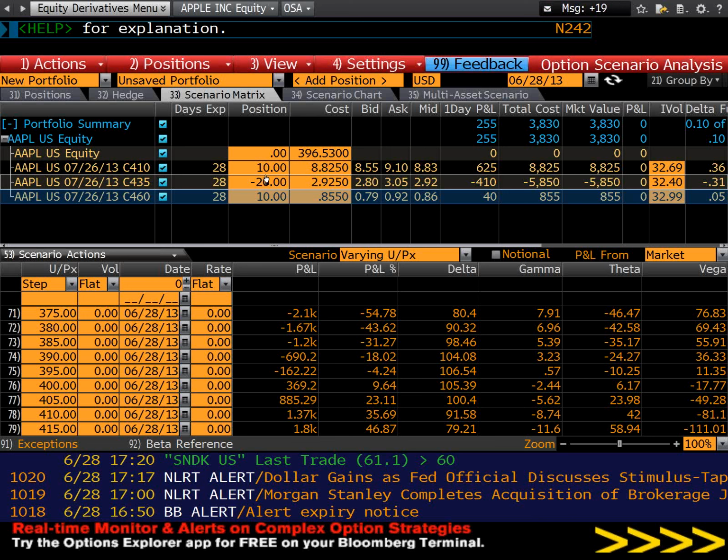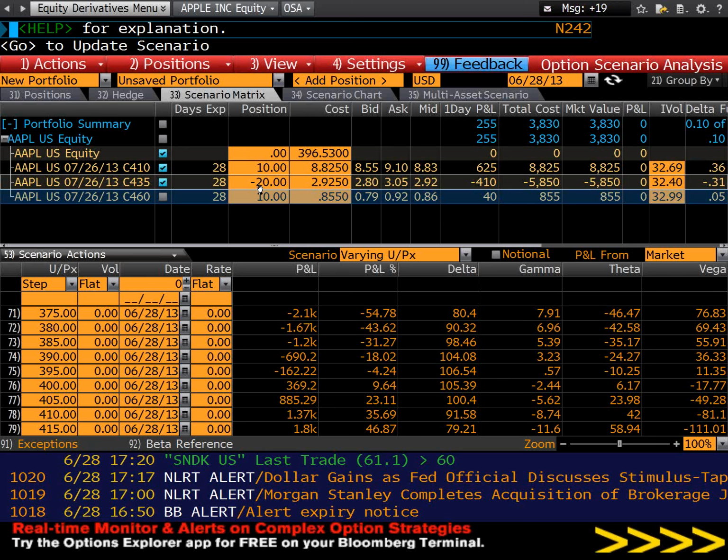Okay? But let's say that our nightmare scenario is that Tim Cook does LBO Apple the day after earnings, and the LBO price is 500. Well, big deal. If you were naked short, you're dead, right? Even if you only had, and I'm going to uncheck this, if you were long 10 and short 20, which is called a ratio spread, you have made money from 410 to 435.